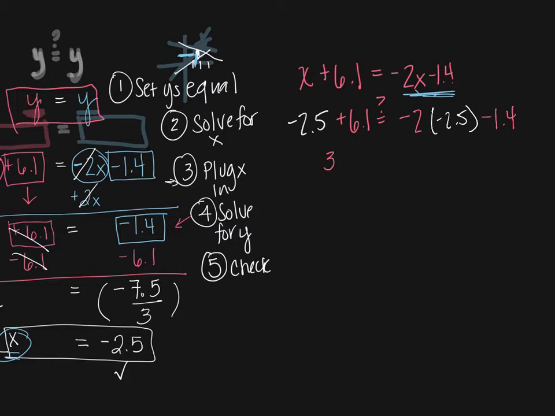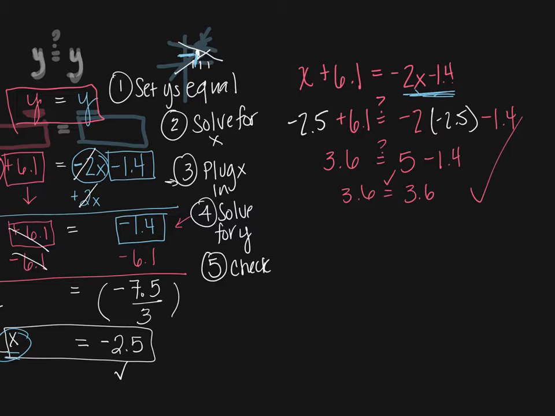Well, hopefully you got 3.6. And I want to see, is this equal to over here? Negative 2 times negative 2.5 is what? Good, positive 5. And 5 minus 1.4 is 3.6. So this tells me that my x point matches.